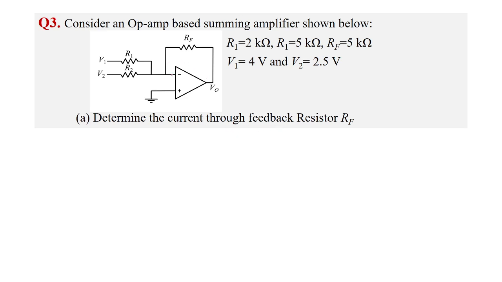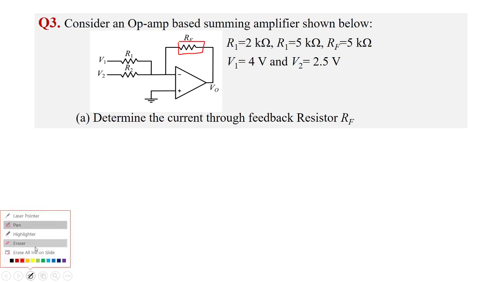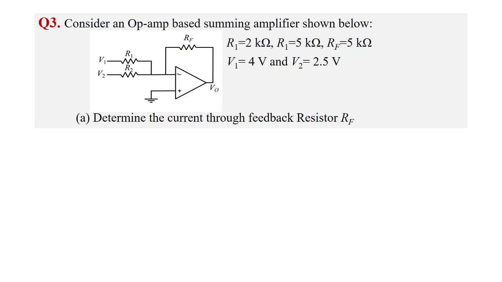So what is the feedback network here? The feedback component is the resistor RF. What they have asked is to find the current flowing through this RF, which we will denote as IF. So we have to find this.